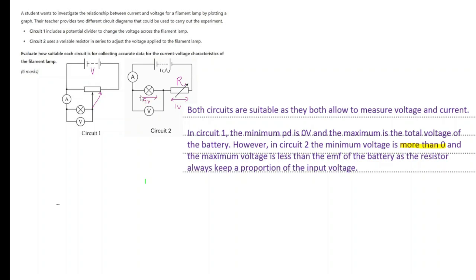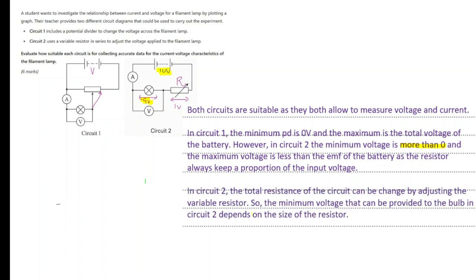But that is still less than the EMF. EMF is 10. The bulb will never get 10. It will get a large proportion of it if you really reduce the size of the capital R, but not the full thing. So that's why I said more than 0, and the maximum voltage is less than the EMF, as the resistor always keeps a proportion of the input voltage.